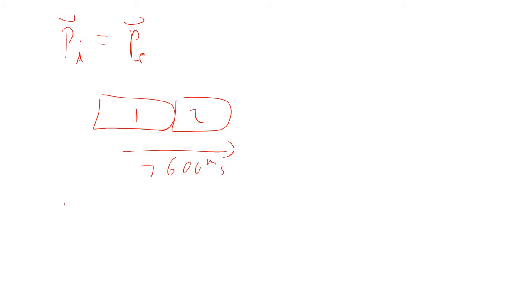So P initial is (M1 plus M2) times 7,600 meters per second.